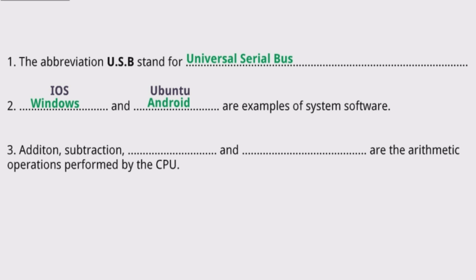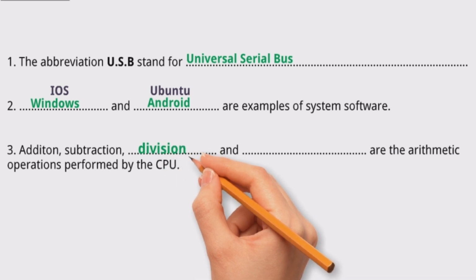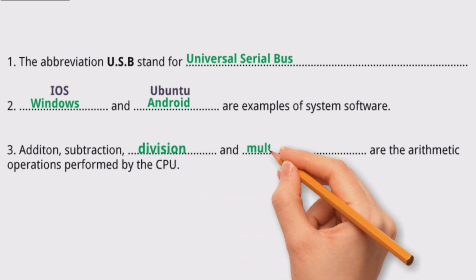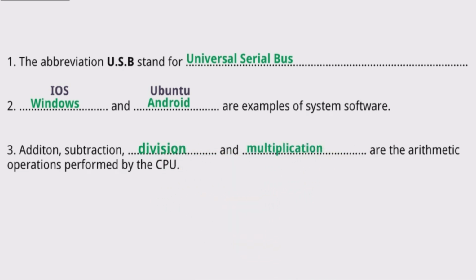So the correct answer there is: addition, subtraction, division, and multiplication are the arithmetic operations performed by the CPU. So division and multiplication are the correct answers. You can start with multiplication and then end with division, it's okay.